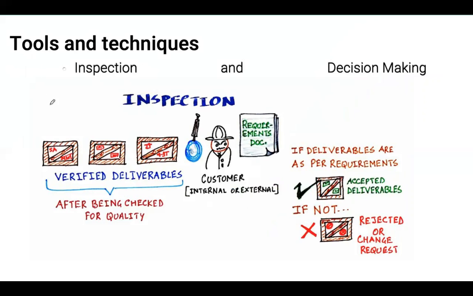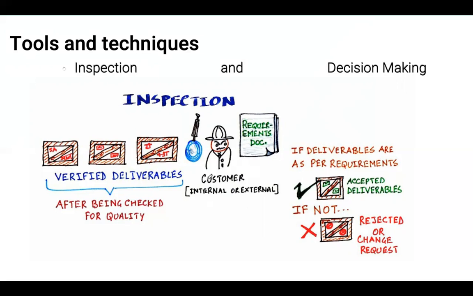So inspection, obviously, the verified deliverables, we'll have some customer who looks against requirements to inspect the deliverables. And then if they are accepted, that's good. If not, they're rejected, which means that you have to rework the whole deliverable, or they're sent through change request to change something about them. So that's nice.